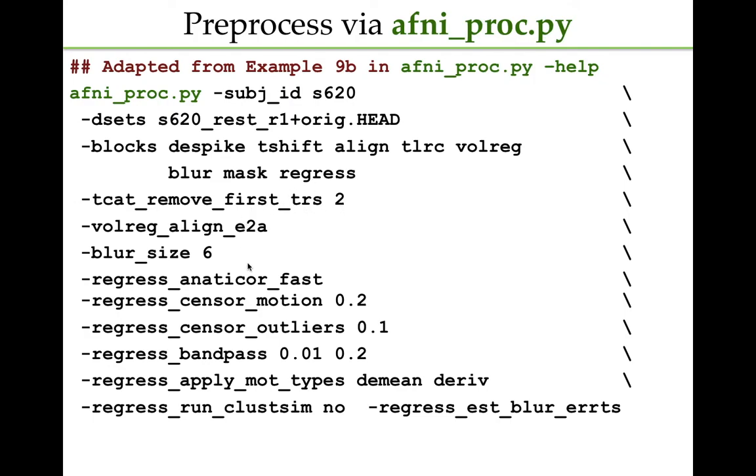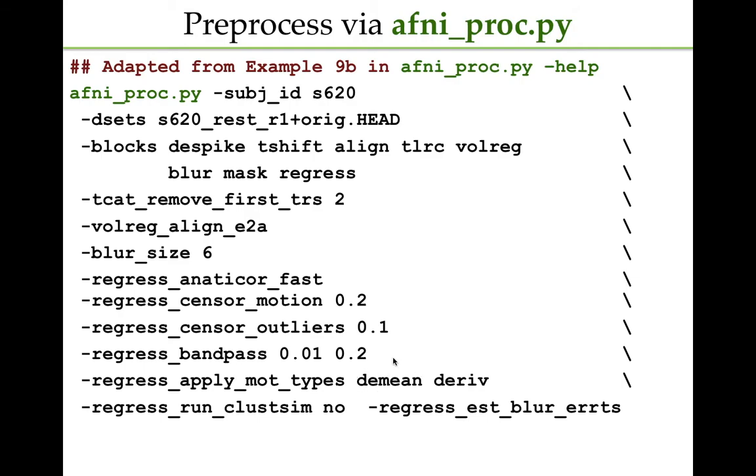So just options here: set blur size, the amount of blurring to use, ANATICOR, how much motion to censor, how bad a volume has to be before it gets tossed out as being too many outliers. Here's the bandpass, here set from 0.01 to 0.2, and here the motion types.